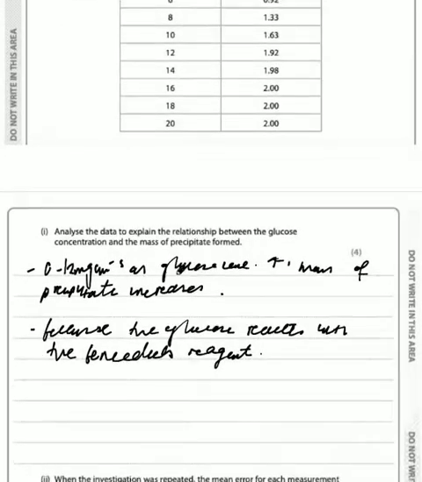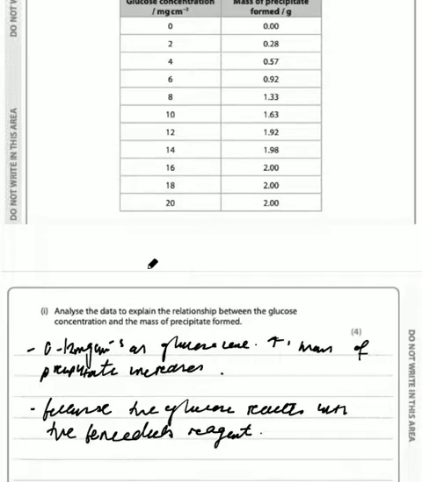Okay, so that's our first 2 marks. Now we need to analyse the other point. And the other point is basically the mass of precipitate stops increasing above 16 milligrams per centimeters cubed.